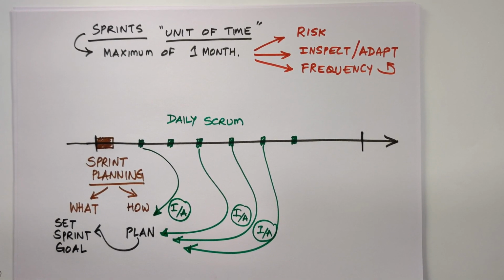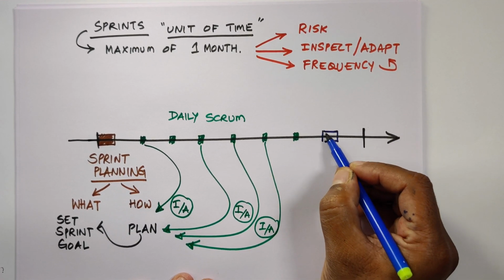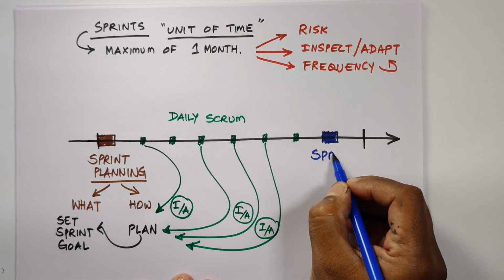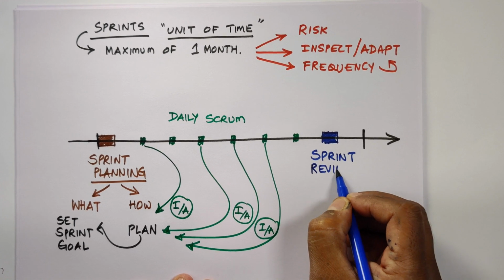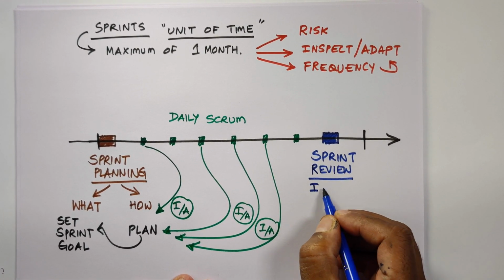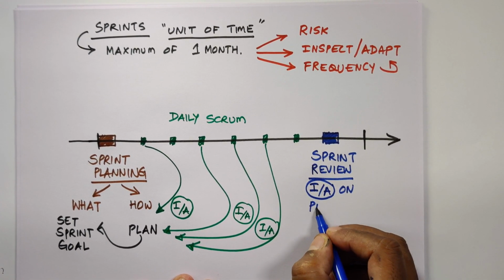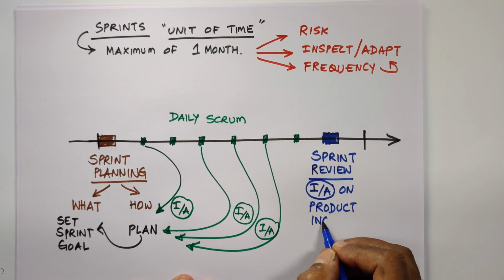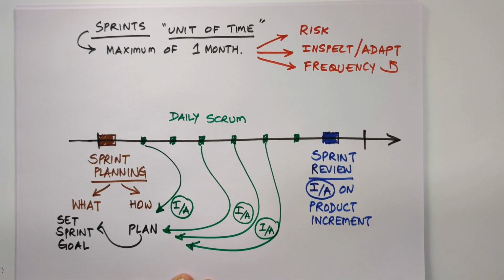On the last day of the sprint, we have one event, which is the sprint review. Sprint review is inspecting and adapting on the product increment that is 100% done.